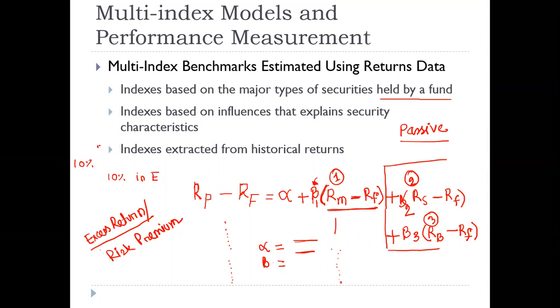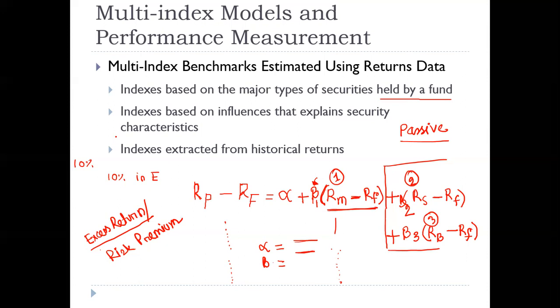Another thing is how can you perform better than the index: if you invest in a security which is not included in that index. For example, you have invested in a security which has just been issued recently, and it is yet to be included in the index.